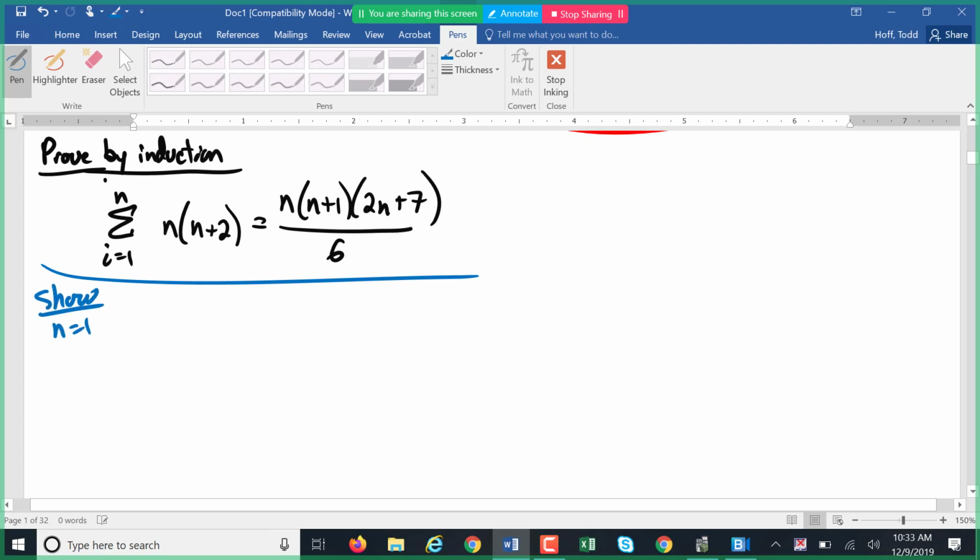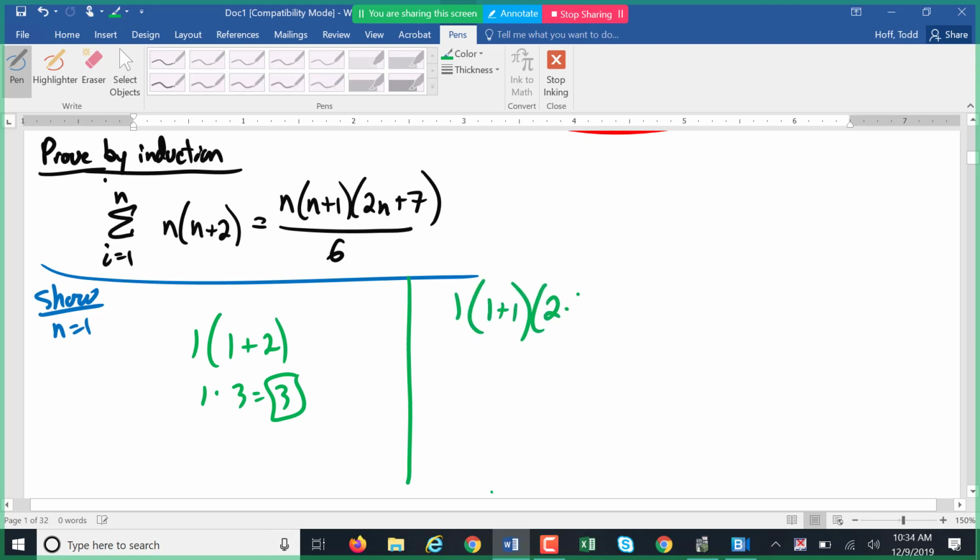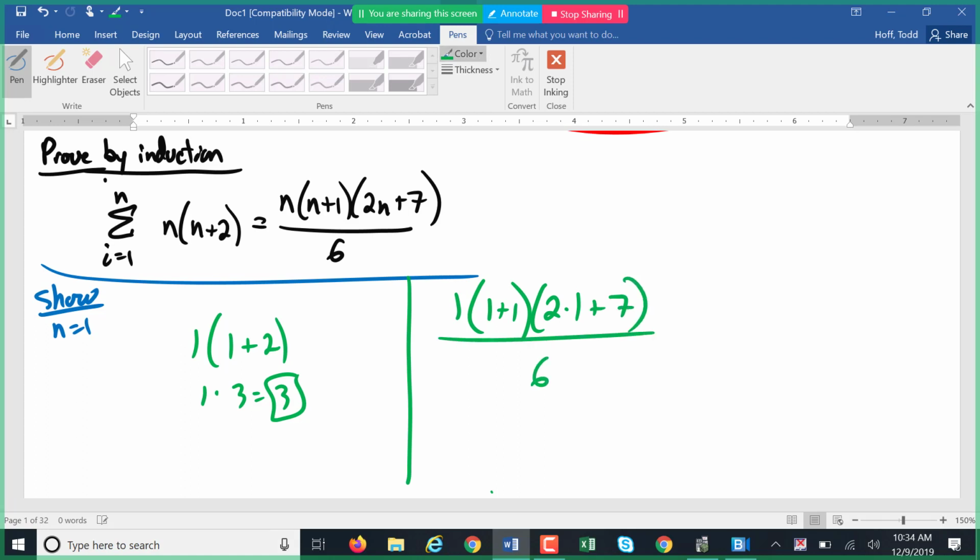for n equals 1. So on the left side, that's just 1 times 1 plus 2, which is 1 times 3, which is 3. So that's all we get on the left side. On the right side, this is 1 times 1 plus 1 times 2 times 1 plus 7 over 6.